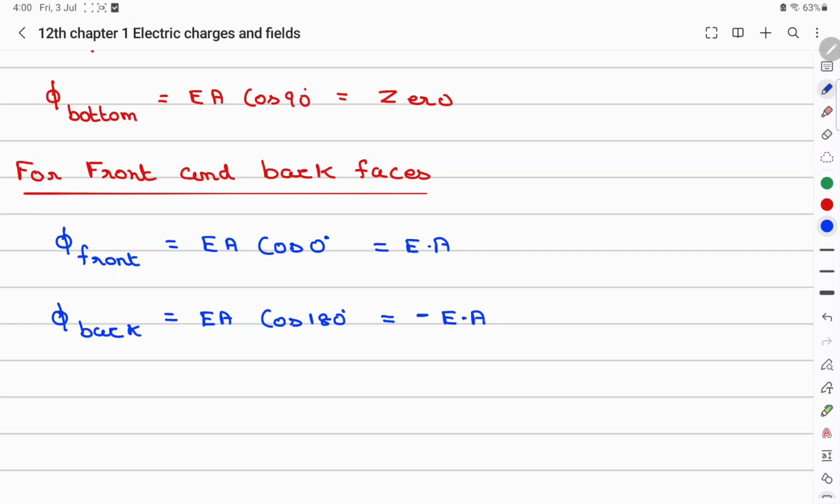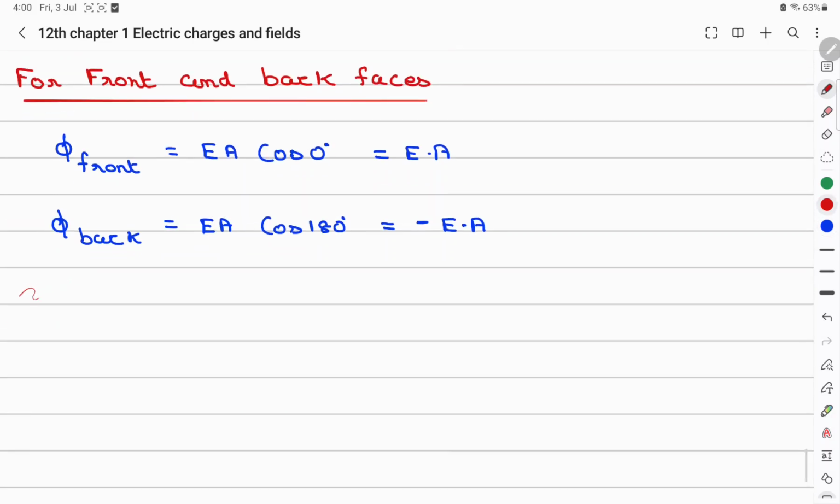So here they asked to find out the net flux in the cube. To find out the net flux, we have to add all the flux.